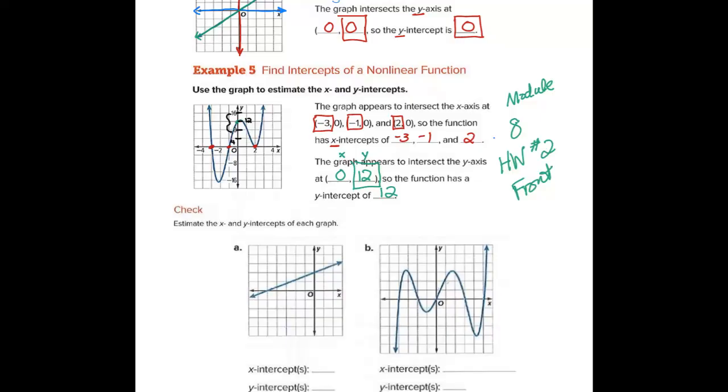So I want you to try to do the front side. And what if you get stuck? Where should you refer back to? Your notes. I want you to get used to using your notes. If you're not sure, look in your notes. That's why we take the notes.